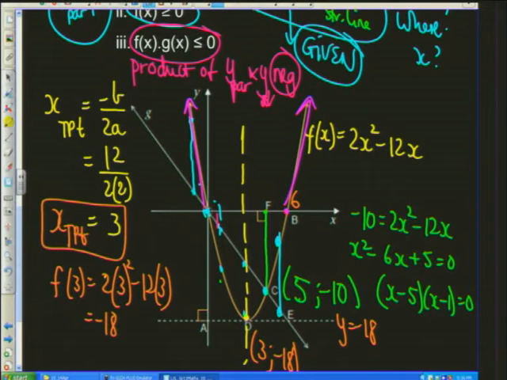So values over here are positive, values over here are positive, and they change whenever one of them crosses the axis, which happened at 6. So the product is only going to be negative to the right of 6, because everywhere else, if I take any two values on the graph, I'm getting a positive product. So you literally use your fingers to indicate where those products are positive and negative.